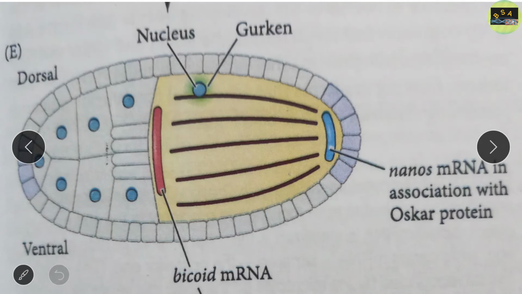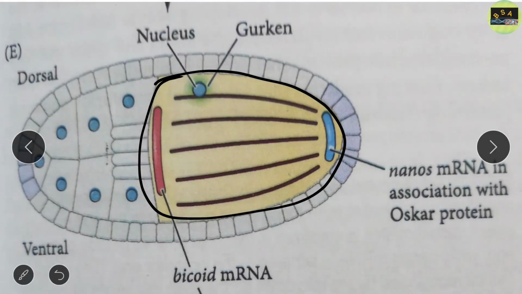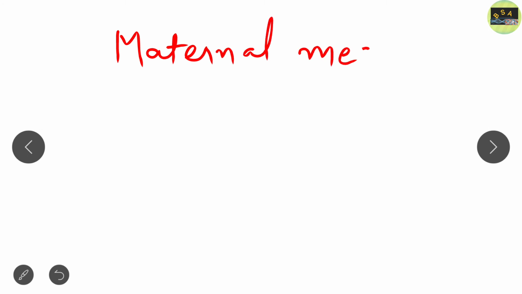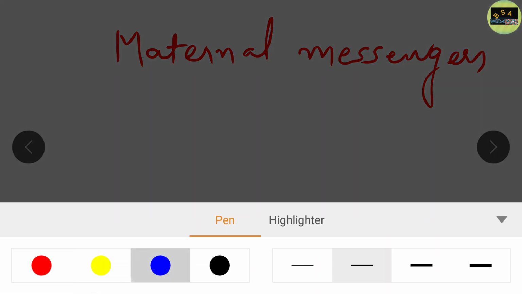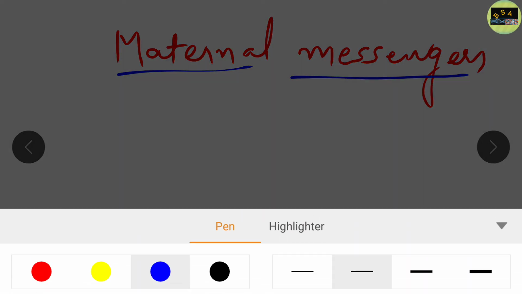As a result, there is an increase in the oocyte volume, and more and more cytoplasmic components are transferred from the nurse cells. Remember, these components include maternal messengers. And what are these maternal messengers?